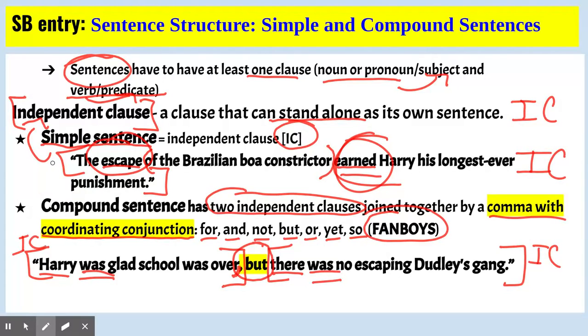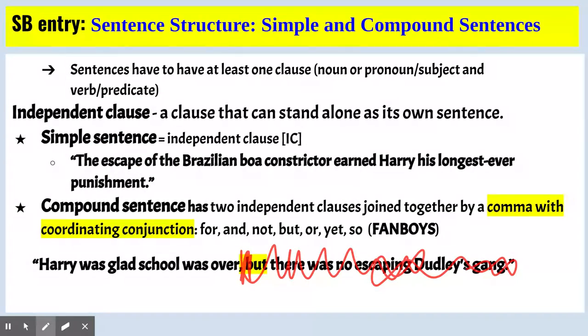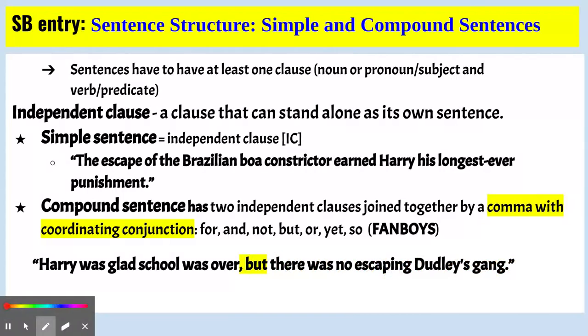The reason I say that is because I'm going to erase my board real quick. I could scratch all this out and put a period right there and say, Harry was glad school was over. And the sentence could be done. Right? I could also scratch all this out, capitalize that T, and say there was no escaping Dudley's gang.